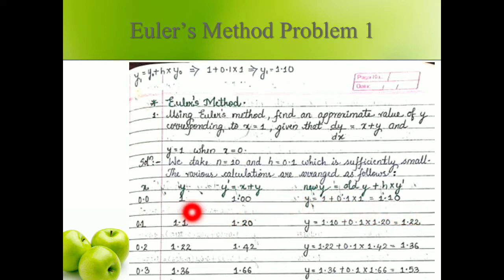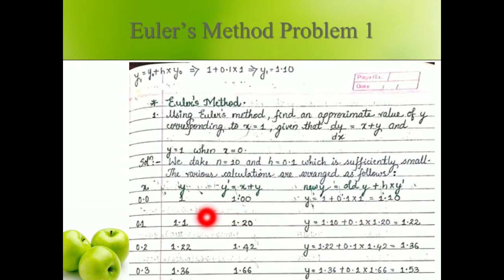So 0.3, your y value is 1.36, y dash value is 1.66, new y will be equal to 1.53. Just what you have to do, you have to continuously go on taking the new y values, find out y dash, and new y value.